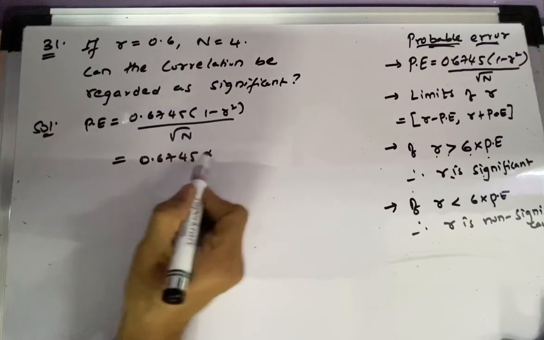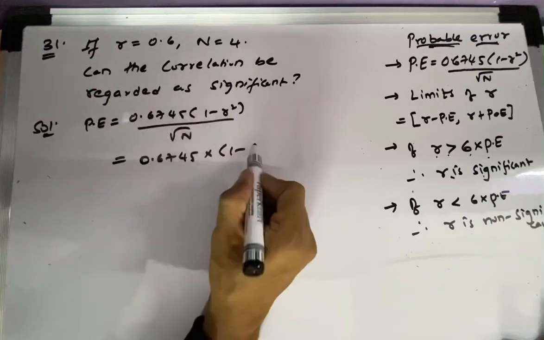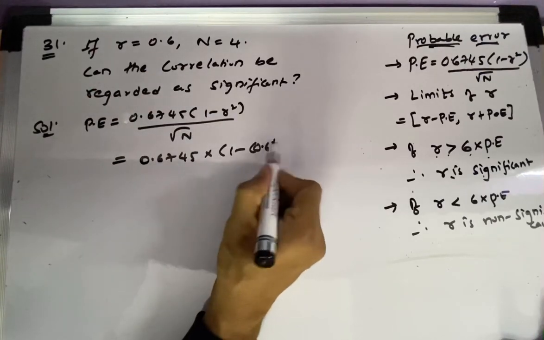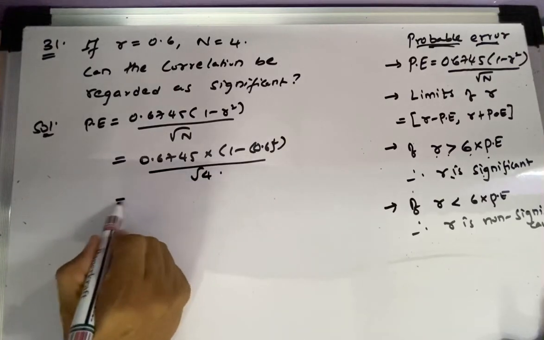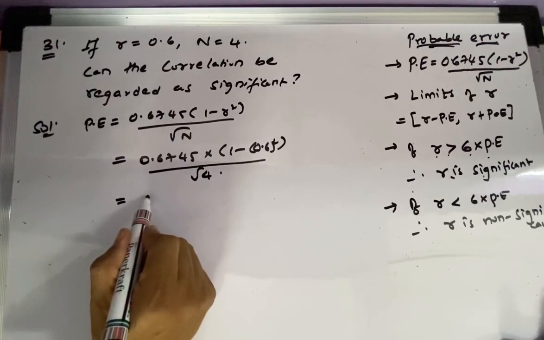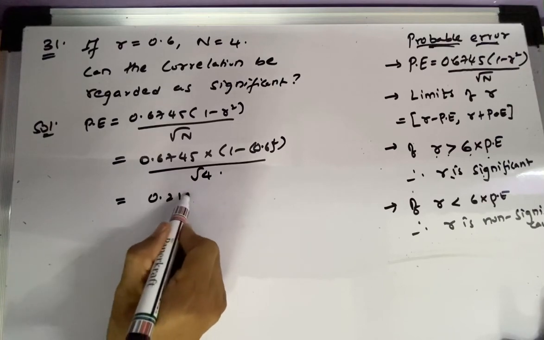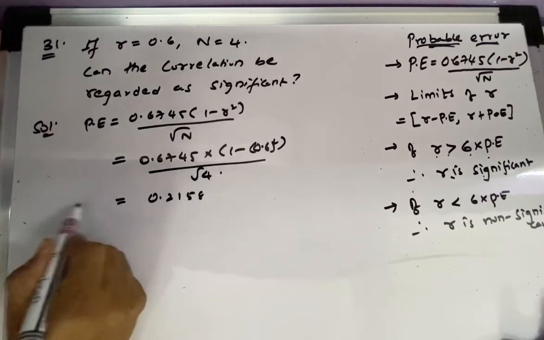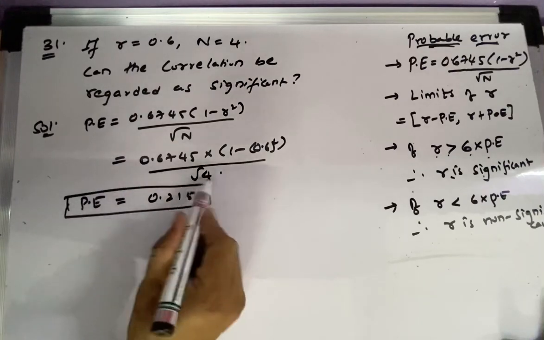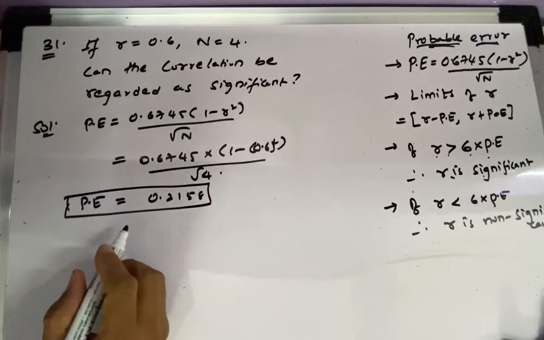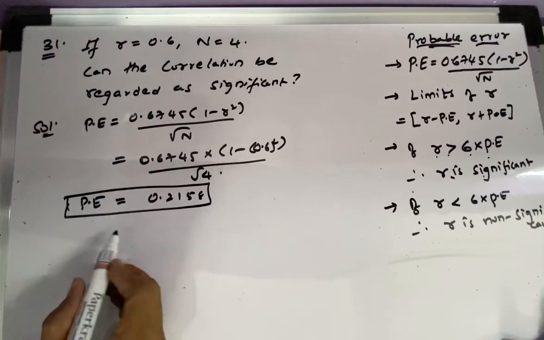0.6745 into (1 minus r square), r is 0.6 whole square, divided by root 4, which is 2. If we simplify, you'll get probable error equals 0.2158. This is the probable error answer. Then we have to check whether r is significant or not.